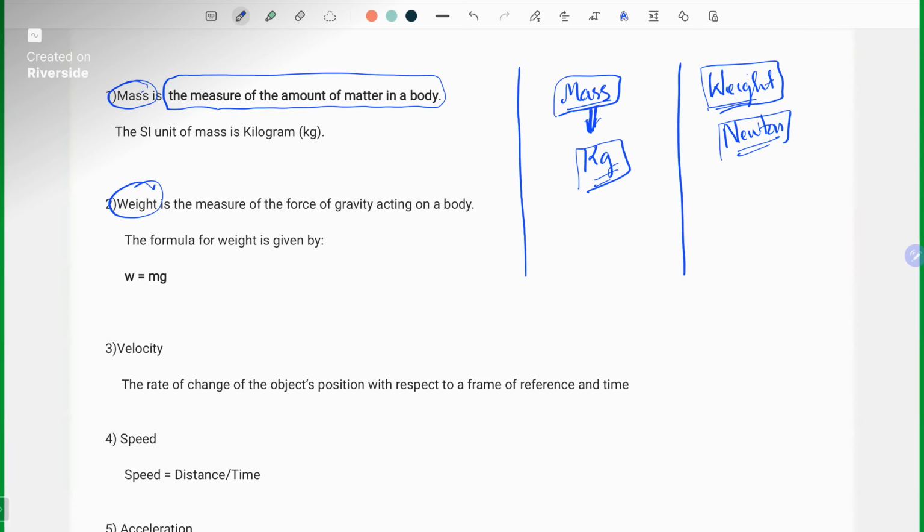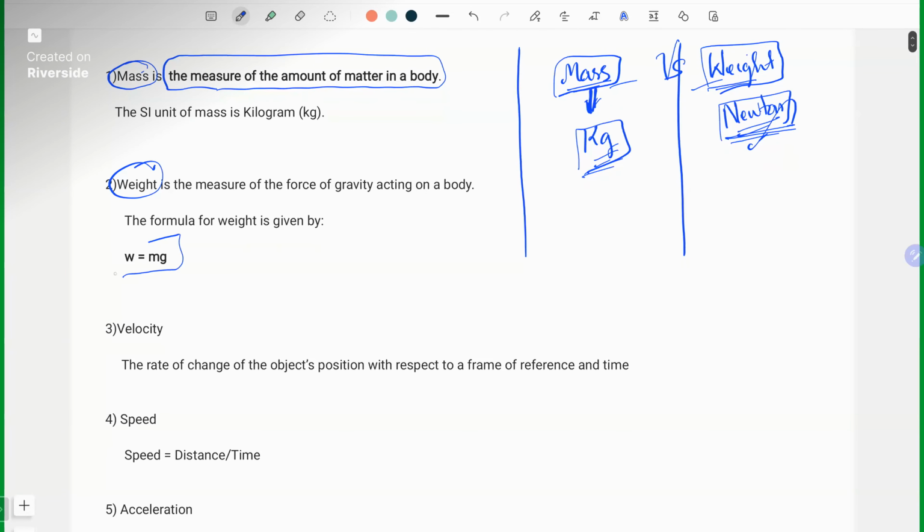When a force is acting on us, when gravity's force gets added to a mass, that is weight. And the unit of it is Newton. This is clearly mass versus weight. That is the only distinction. The formula for weight is weight equals mass multiplied by force of gravity, that is acceleration due to gravity.